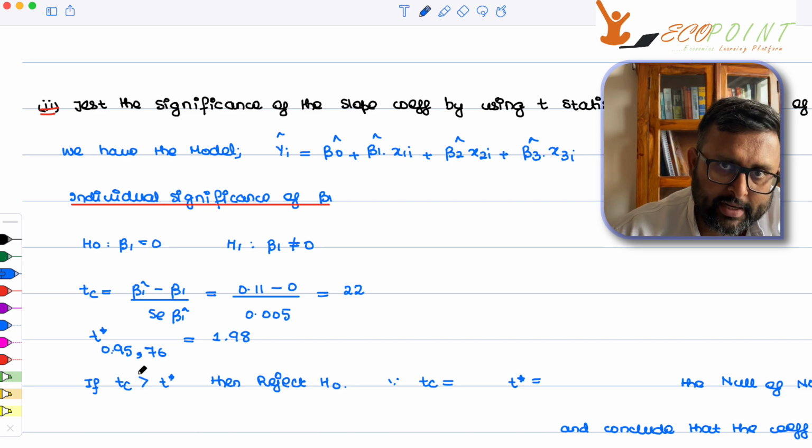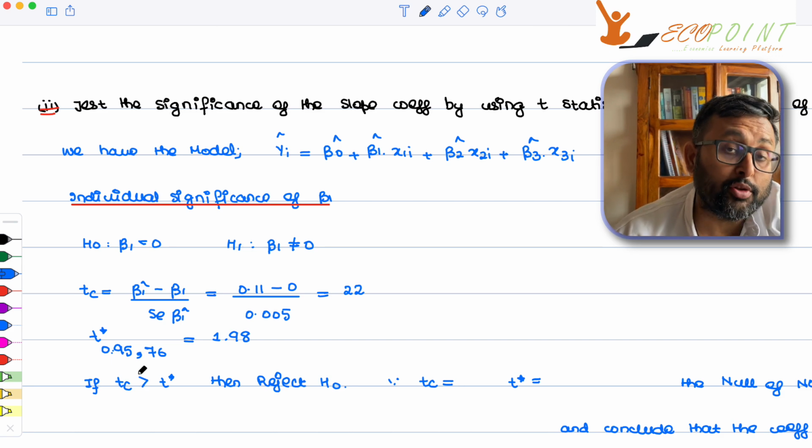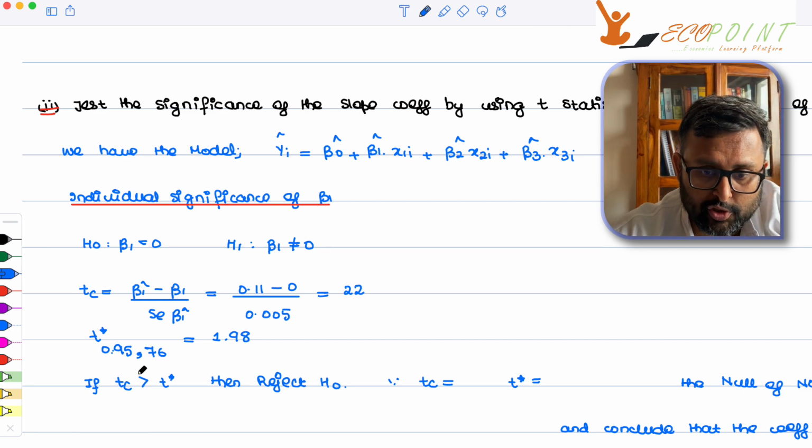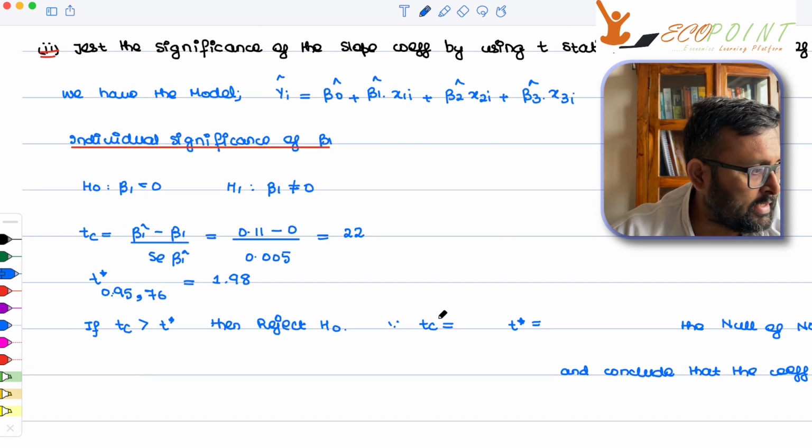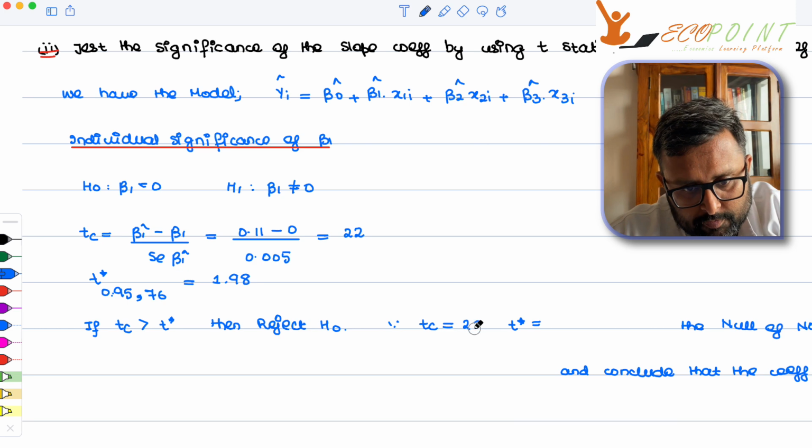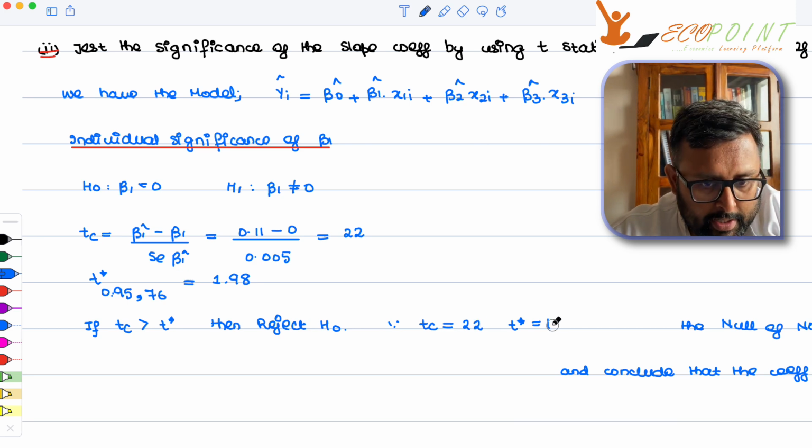If calculated t comes out to be greater than critical t, you reject the null hypothesis. Null hypothesis of what? Null hypothesis of no individual significance. So what is the calculated t coming out to be? 22. What is the critical t? 1.98. That is greater than this.